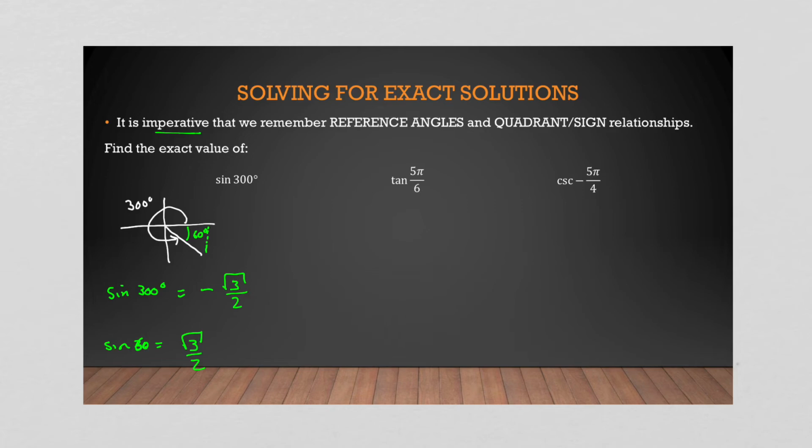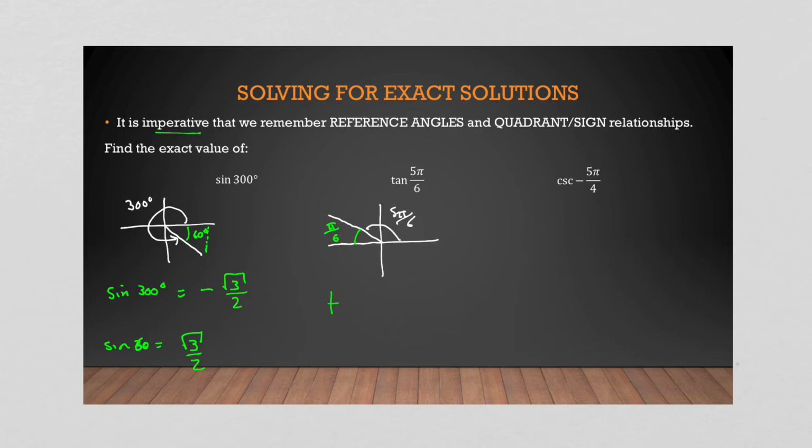So now let's look at tan of 5 pi over 6. Well, where is 5 pi over 6? That's almost 6 pi over 6, which would be pi. So that means we're here. This is 5 pi over 6. So what's my reference angle? My reference angle is pi over 6. Now in this case, tangent in Q2 is negative because my x value is negative.